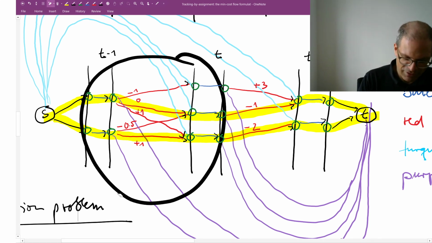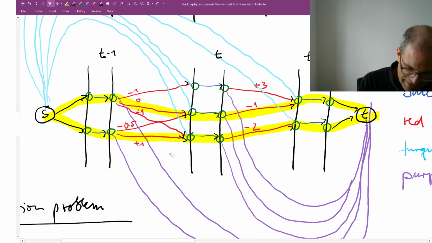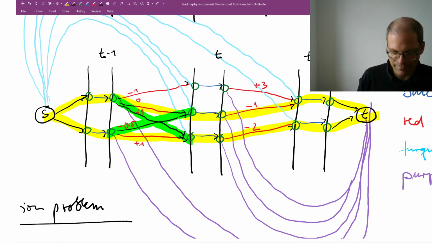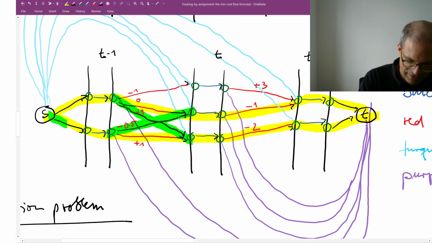It makes for a total cost of +1. If instead I use the green edges, this one and this one, then the total cost would be just 1/2, which is lower. And hence the optimal tracks are not the yellow ones, but the green ones.